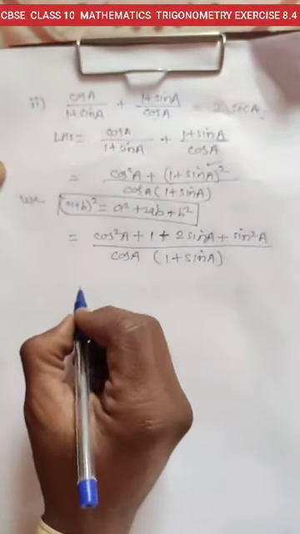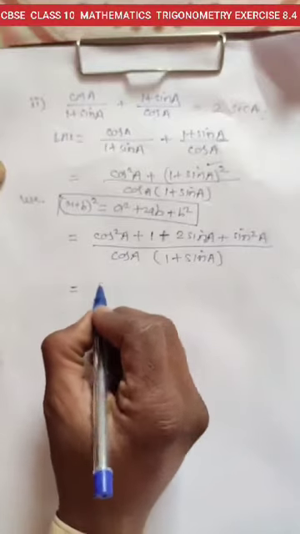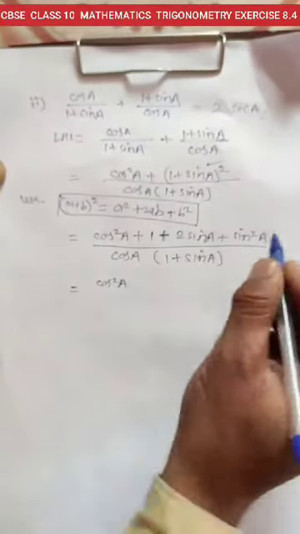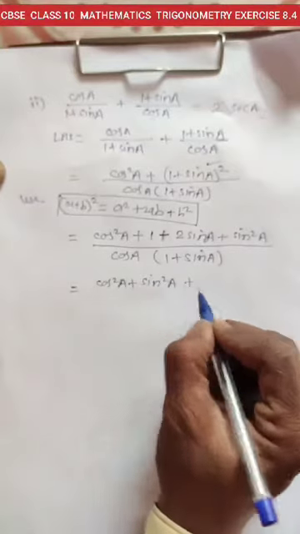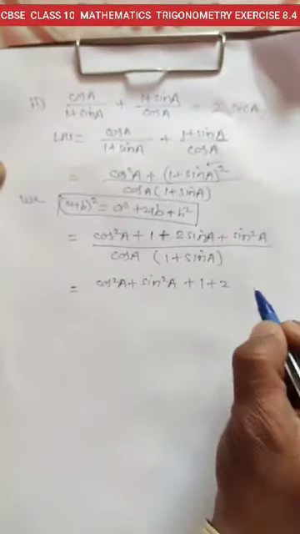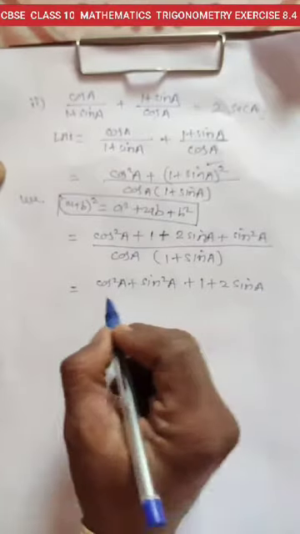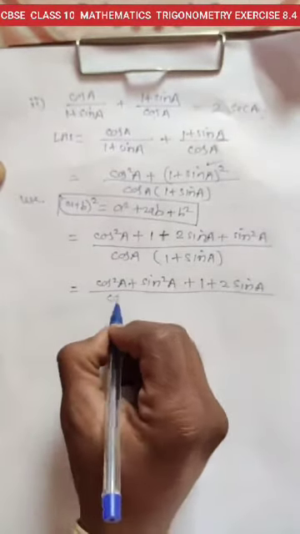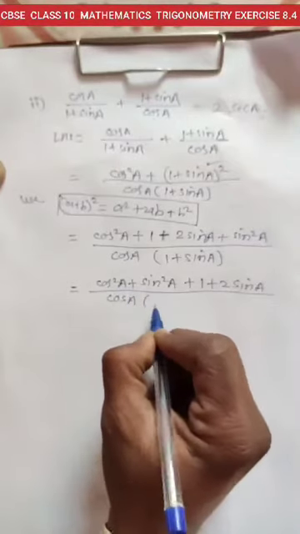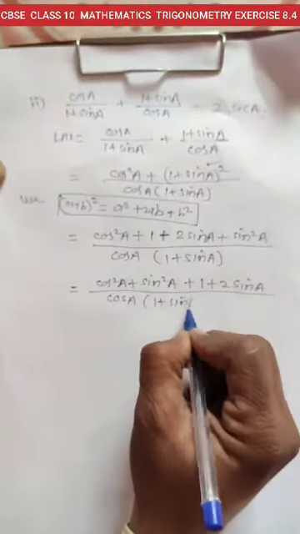In the next part, what happened? Here cos square A plus sin square A plus 1 plus 2 sin A. Simply writing the terms of the formula near each other, divided by cos A into (1 plus sin A).